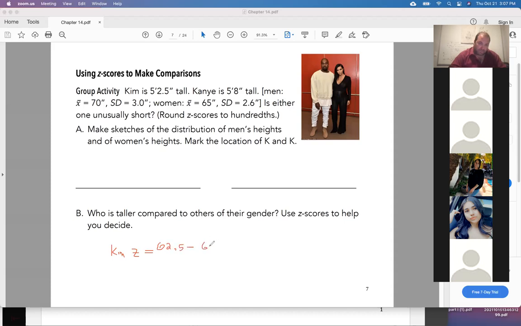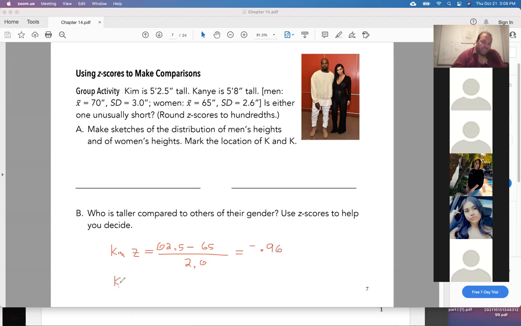Data minus mean over deviation. What do we get for Kim? What's her z-score? I got negative 0.96. So she is about 1 deviation below average.